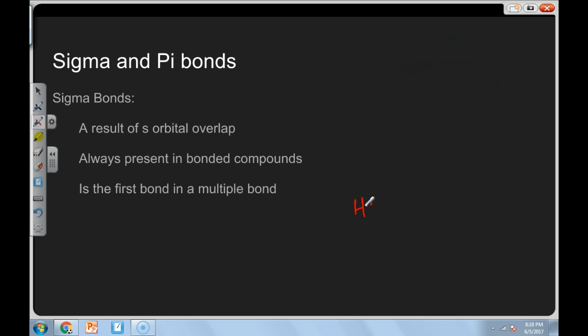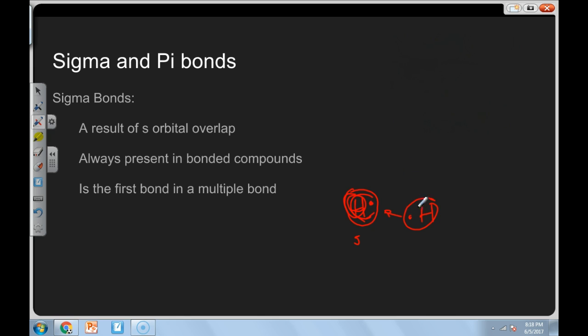In a hydrogen atom, the electron is floating around in a circular orbital, an s orbital. When two hydrogen atoms get close enough together, the s orbitals overlap.